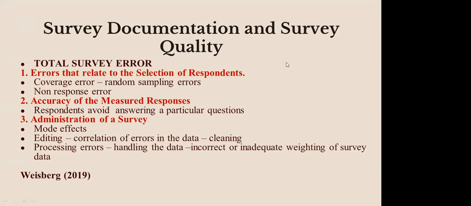This fluctuation also happens when there is non-response error. What do we mean by non-response error? Non-response error occurs at the individual, so-called unit level, where certain segments of the population systematically refuse to comment on anything, but you need the answer.